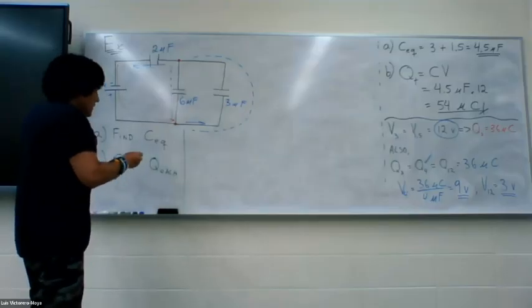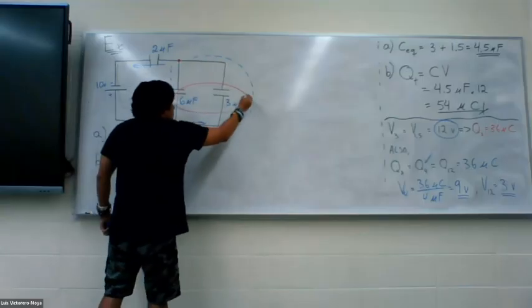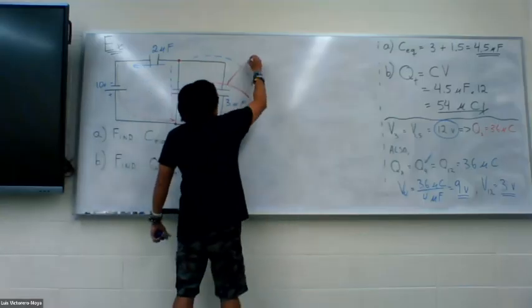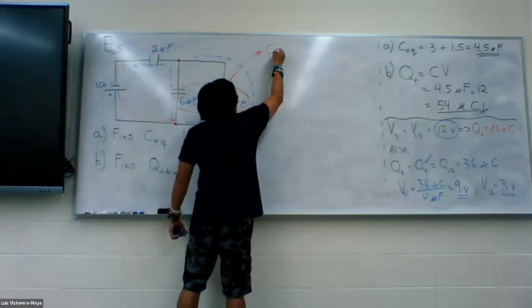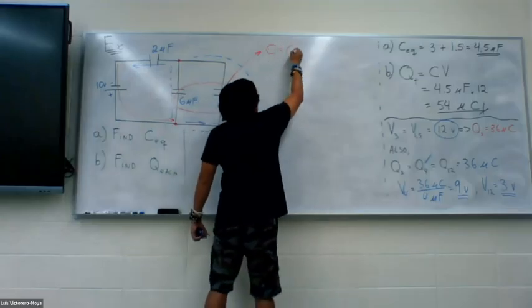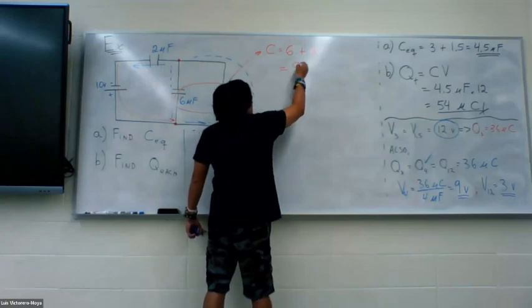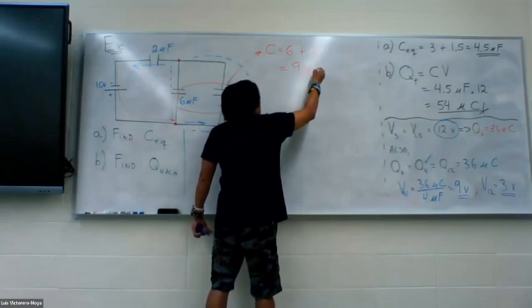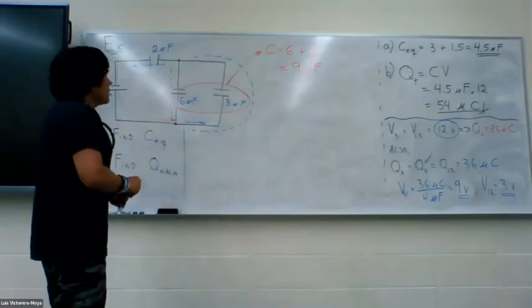Anyway, 6 and 3 are in parallel. So we combine these two into 9 microfarads.